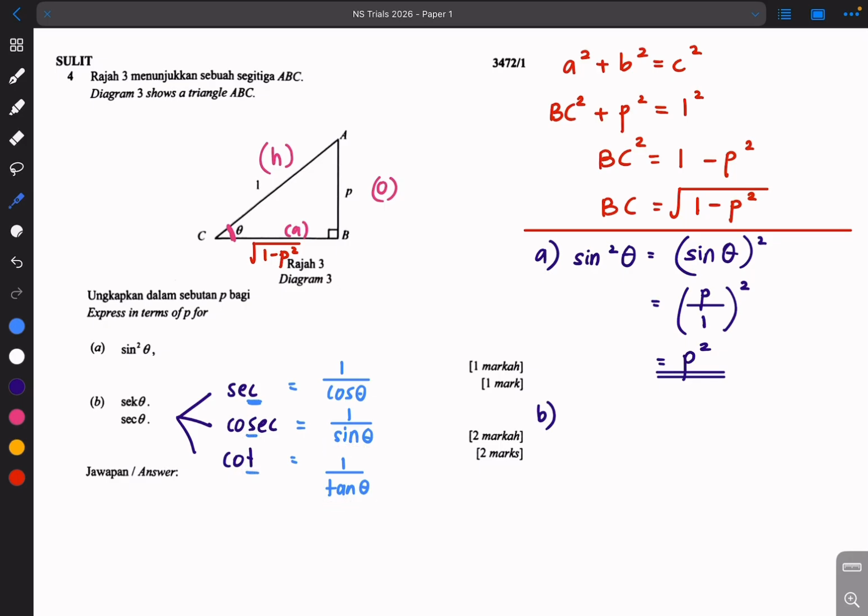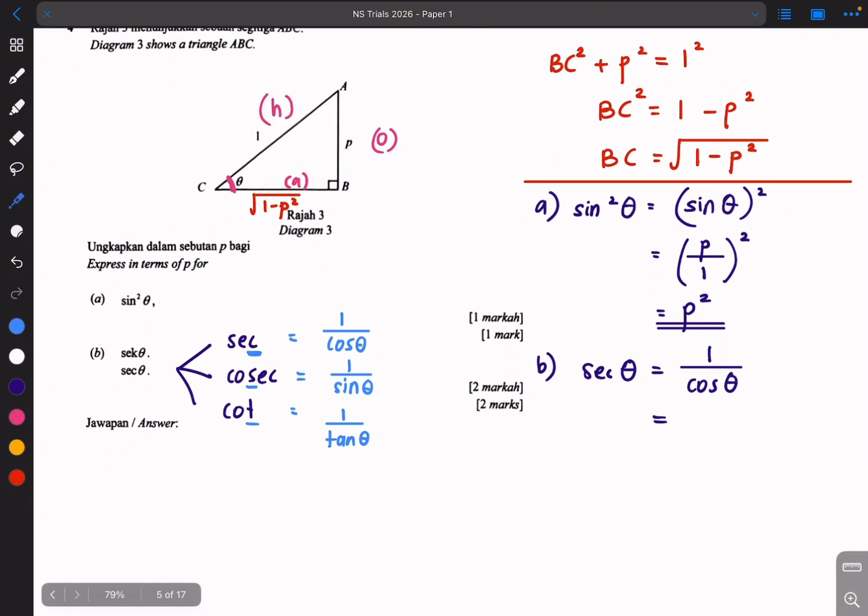So here we want to find secant. Secant theta would be 1 over cos theta, and cos theta is adjacent over hypotenuse. So we can say 1 over adjacent, which is this, over hypotenuse.